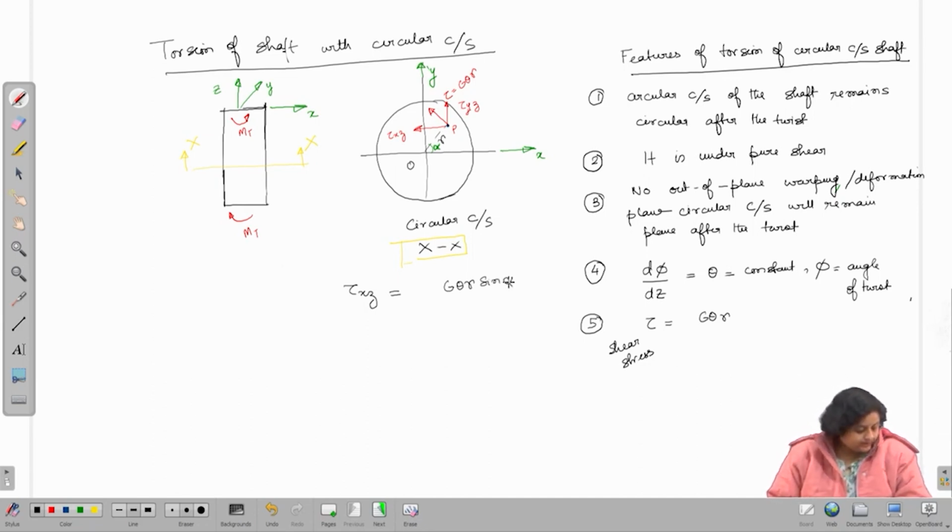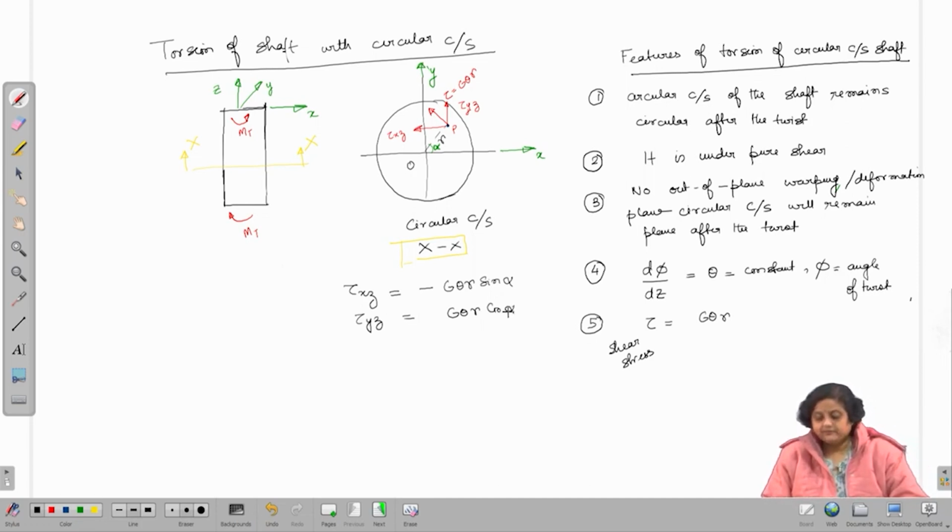We also need to put a minus sign because tau xz is now in the negative of the x direction. Following the sign convention given by the coordinate axis, this will be minus. Similarly, tau yz can be written as G theta r into cos alpha.